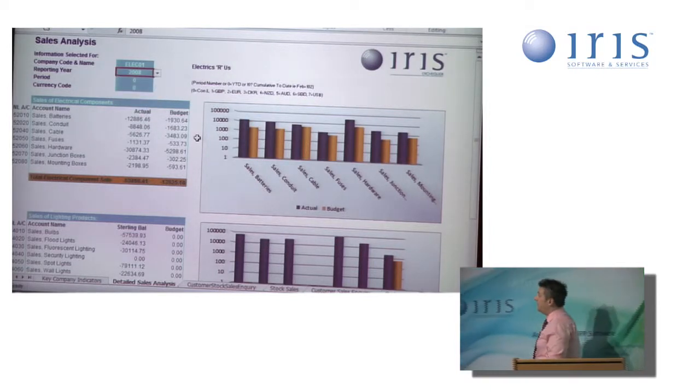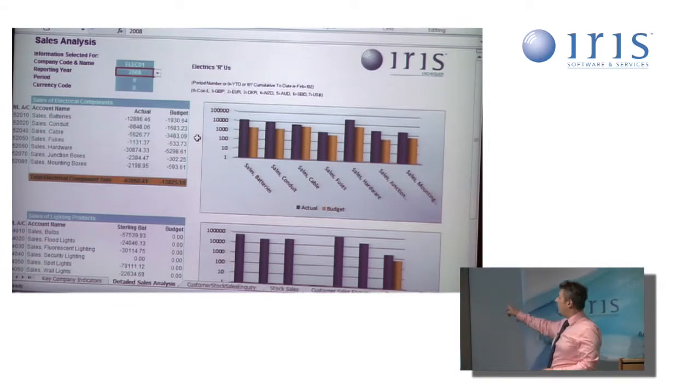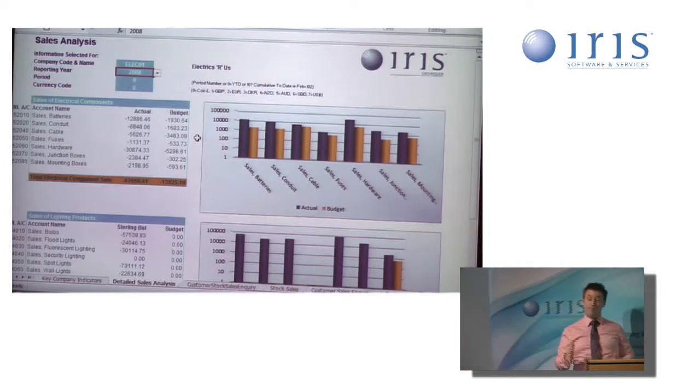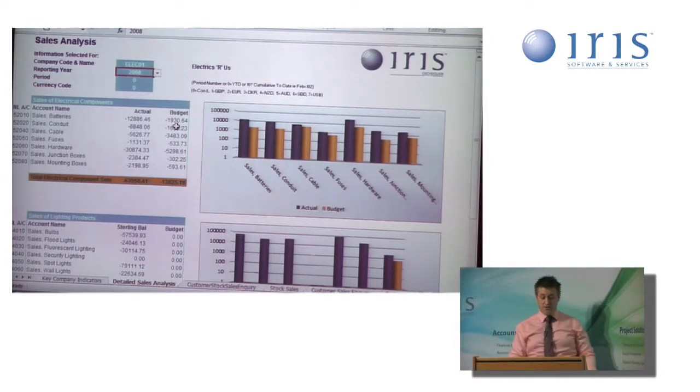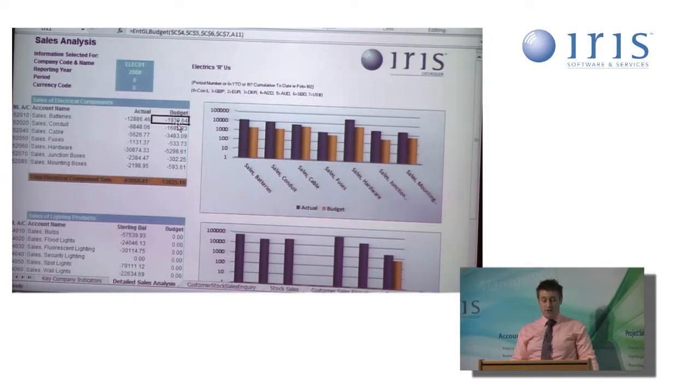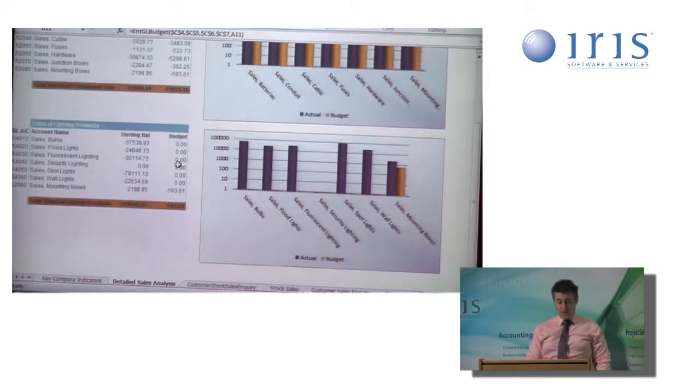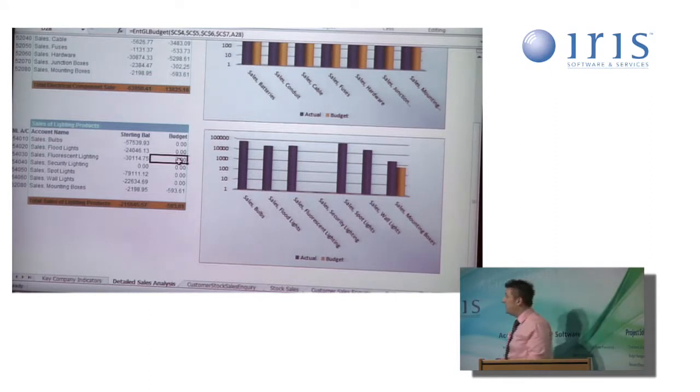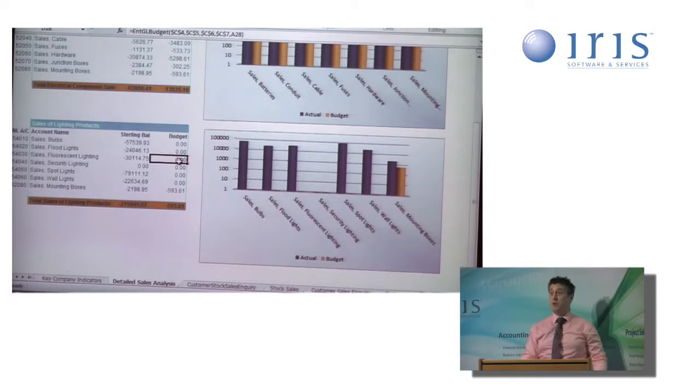We've even included a column chart to the right of that shows us our budget and actual comparisons. To get our budget values that we've saved in Exchequer, we've used the NGL budget option. If you don't save your budgets in Exchequer, you could simply key them in there or get them from the source file. We've done the same for our other series of sales codes, lighting products, to give us another actual to budget comparison.